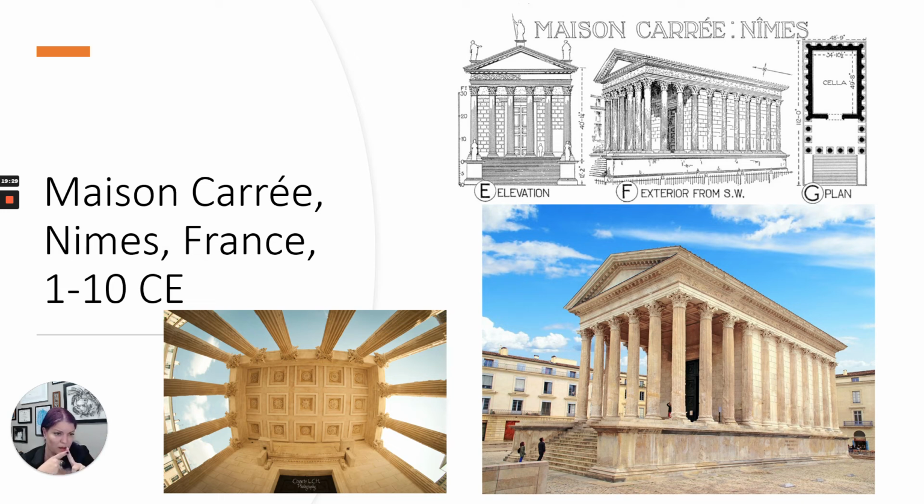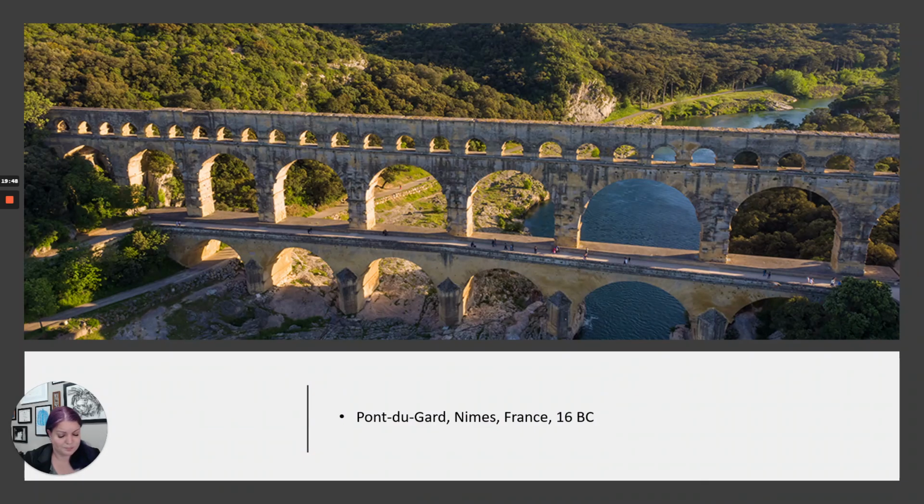So we've got Corinthian columns, we've got a pediment, we've got sort of a frieze. We also have a coffered ceiling on the porch that's highly decorated, but then we have this Etruscan layout again, where the naos or cella is completely enclosed on three sides, and we've engaged columns all the way around. This is all also made out of marble.